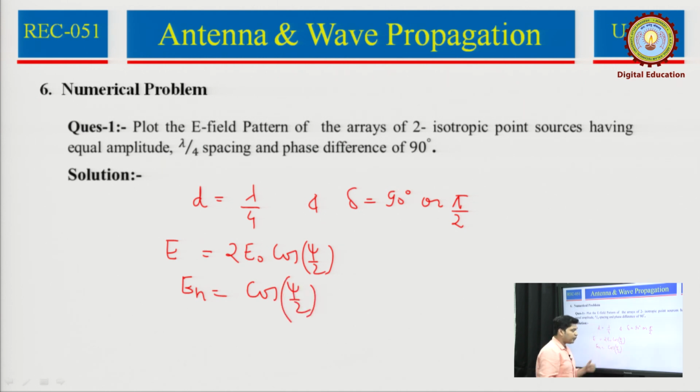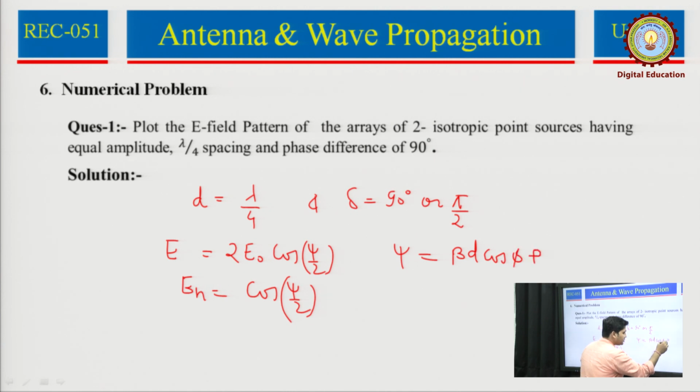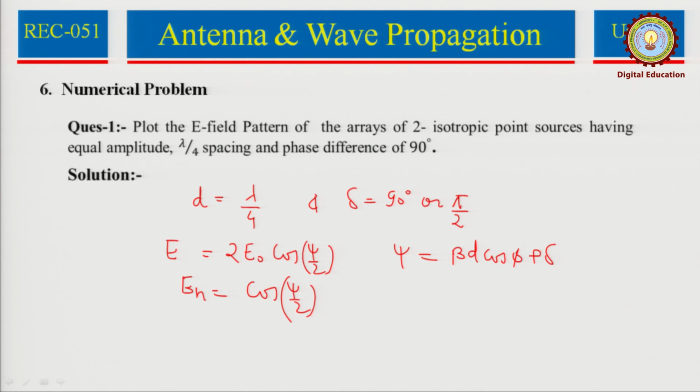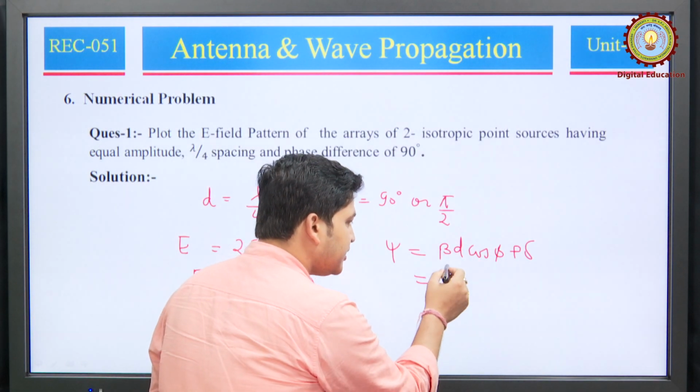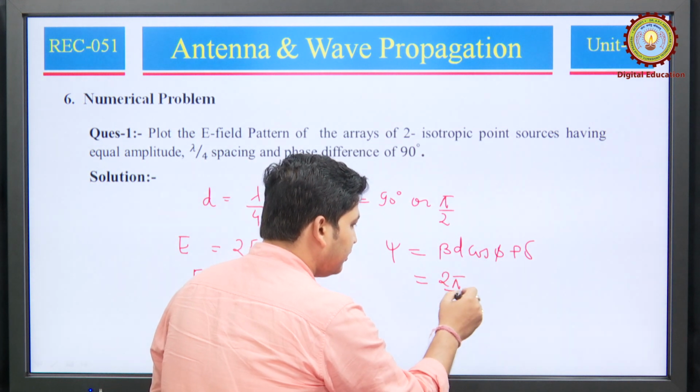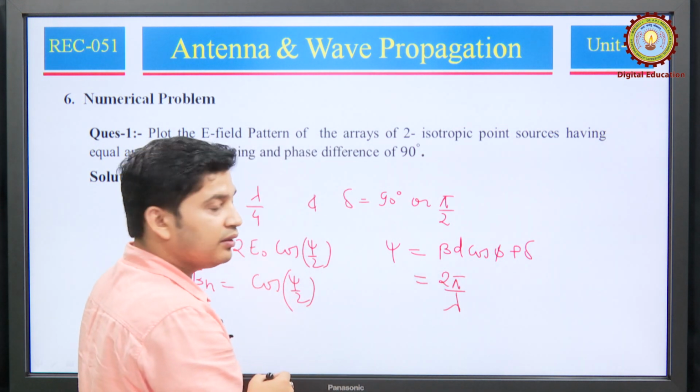Now, the most important role is played by psi, and we know that the psi function is defined as beta d cos phi plus delta, because delta is given in the question, which is pi by 2. Now, we need to analyze this value, as we know that beta is nothing but 2 pi by lambda, and in the question d is lambda by 4.